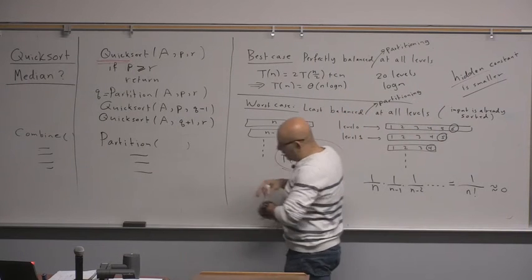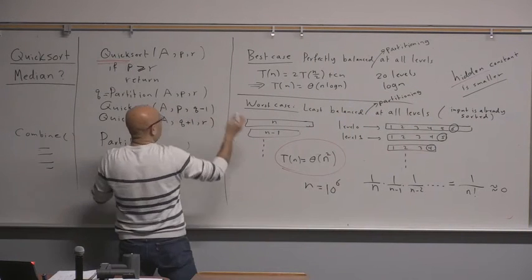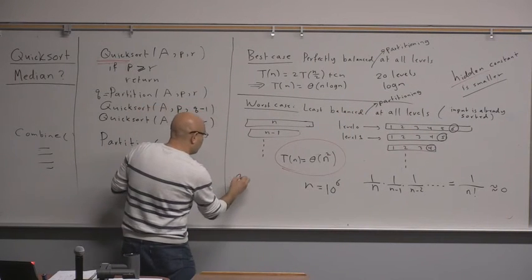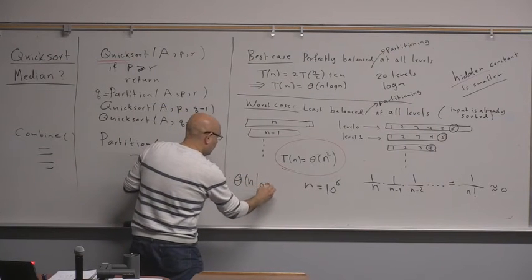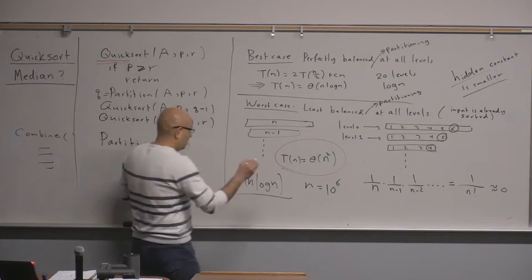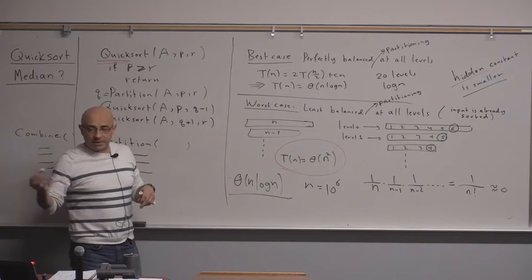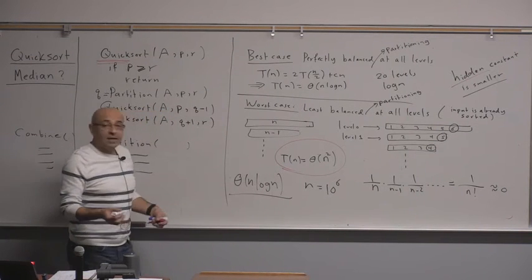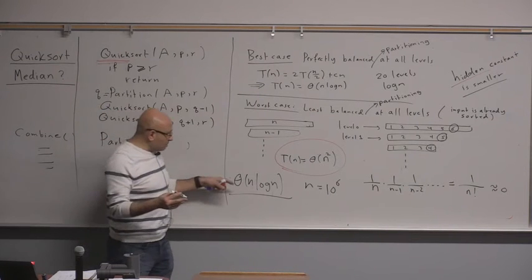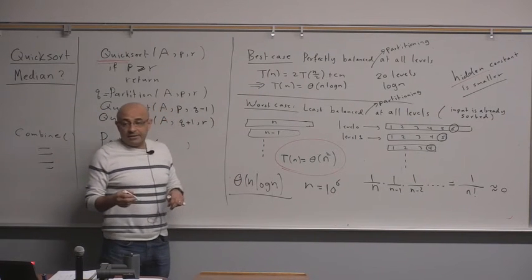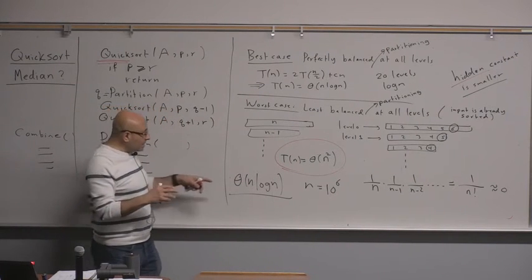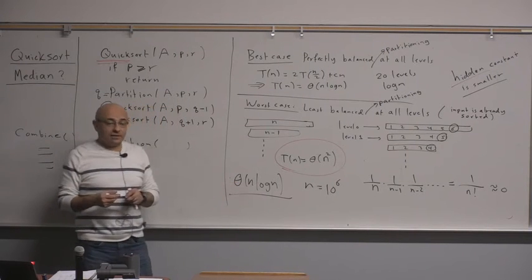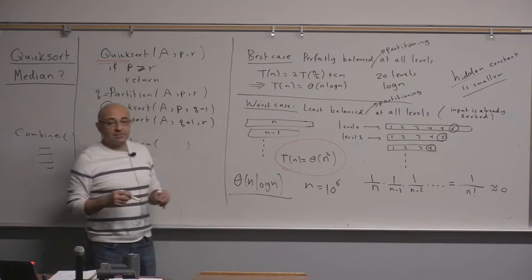So in the best case, QuickSort and merge sort, both of them are theta of n log n. If QuickSort is in its best case or close to its best case, and merge sort's best case, it's n log n. But there is a hidden constant that is not visible in the asymptotic complexity.